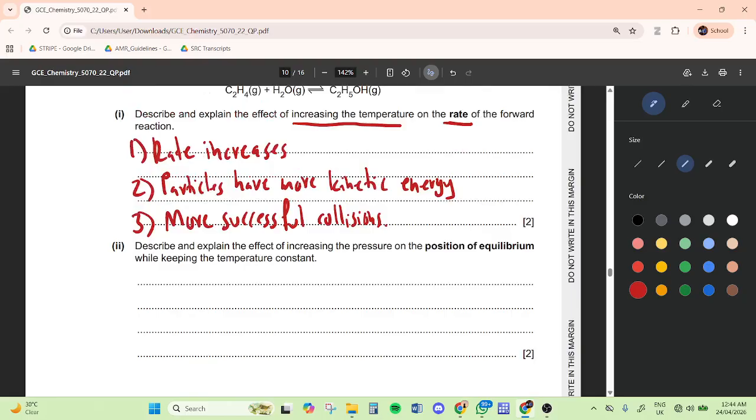So now we go on to position of equilibrium. Now we get to the point where we're wondering, does this shift to the right or does this shift to the left? Reading the question is very important whenever you're answering these types of questions.